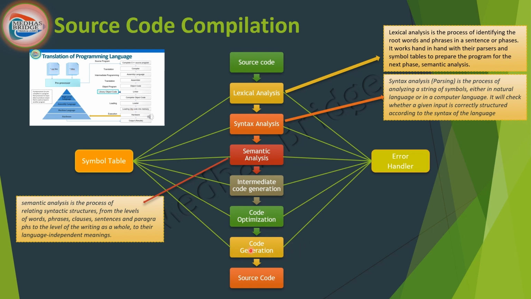The final code would be the intermediate program, as you said before. Along with this, it also does two more things: building a symbol table with all these symbols, and error handling. It captures all the errors within your source files.